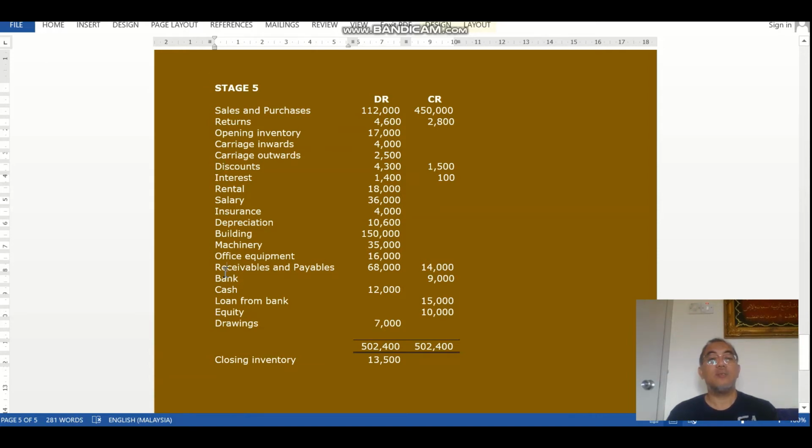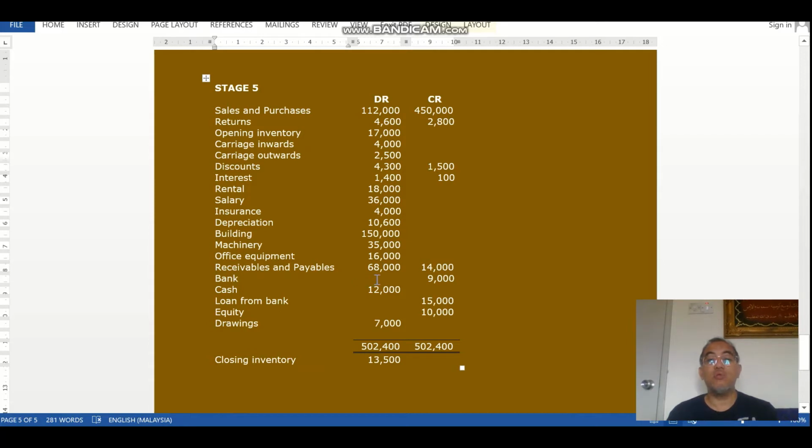Okay, receivables and payables, I put in the same line. One is receivables, which is your asset. The asset is 68,000, so this is your receivables, while 14,000 is your payables, because payables is a liability. And bank.